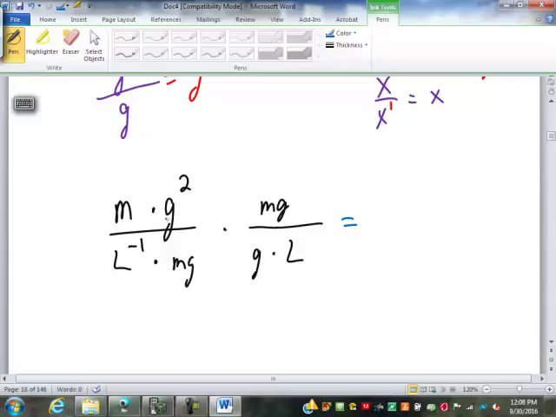But first thing I do when I see grams squared is I cross it off and it's grams times grams. Anything squared is times itself, right? So now it's easier. I can cancel out one of the grams with one of the grams. I can cancel out a milligram with a milligram. So I can cross cancel anything on top that matches up with anything on bottom. Now what I have on top is meters times grams.